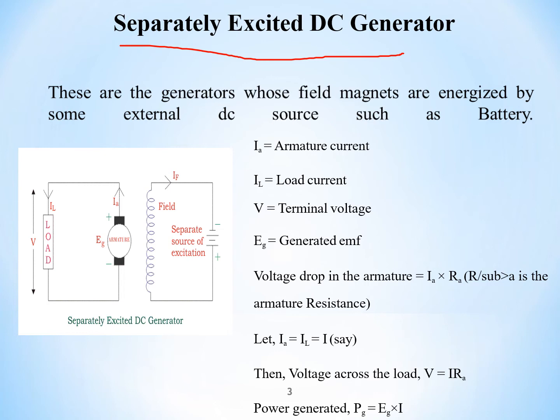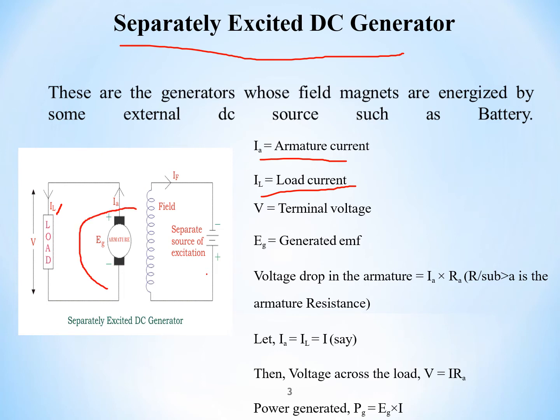So this field current is going like this from positive to the negative. Okay, and this is a current IA, which is an armature current. If you see here, IA is an armature current, IL is a load current which is going to the load here, and V is the terminal voltage, EG is the generated EMF, and voltage drop in an armature at here.